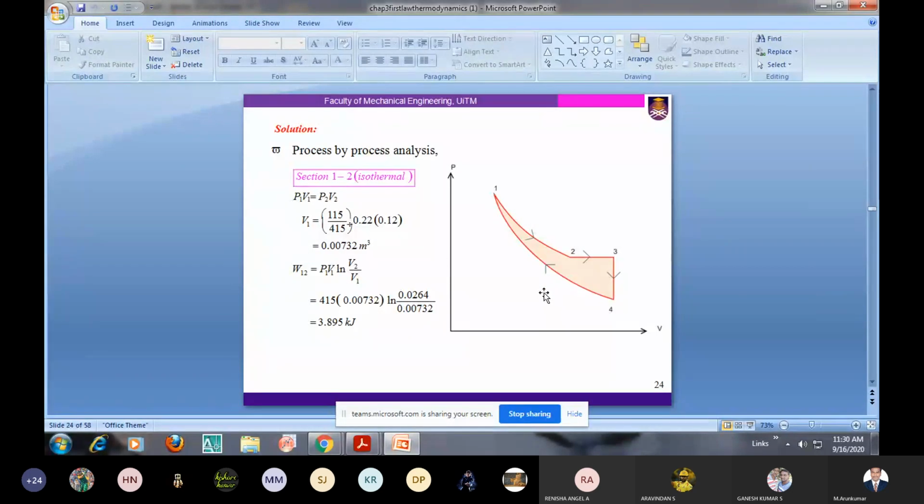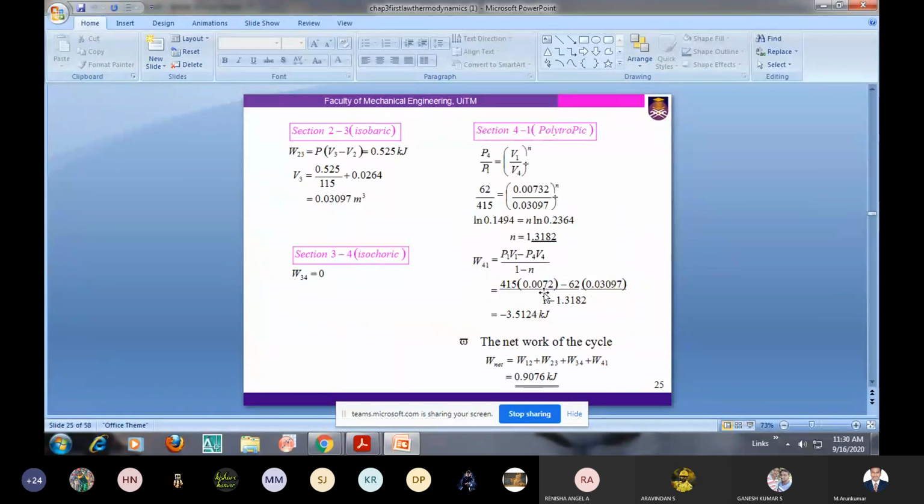So the known values are substituted in this equation to get n. The n value will be 1.3182. If you get the n value as 1.31, we can use this n for the calculation of W.